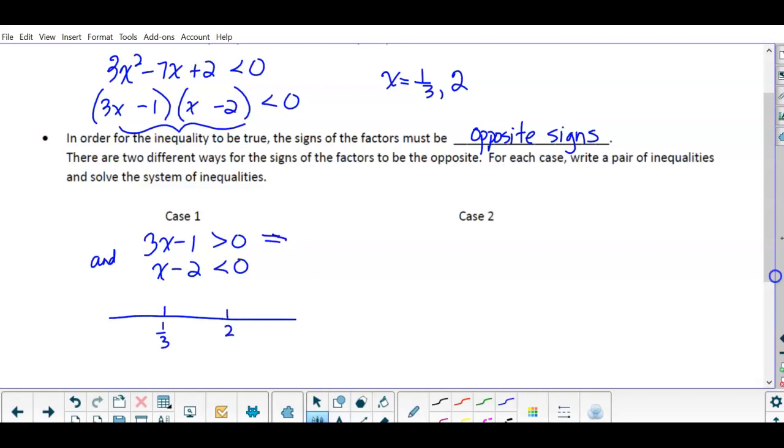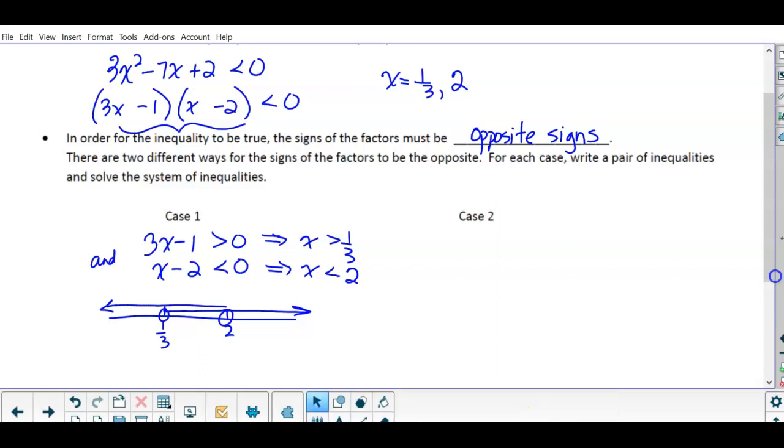Solving this, x is greater than 1/3. Solving this, x is less than 2. Open that. And where do they overlap? So they overlap here, between 1/3 and 2.